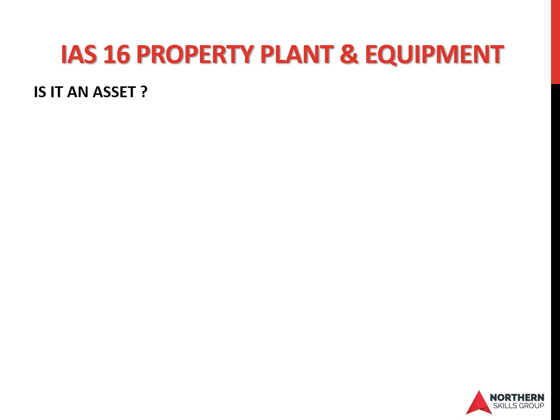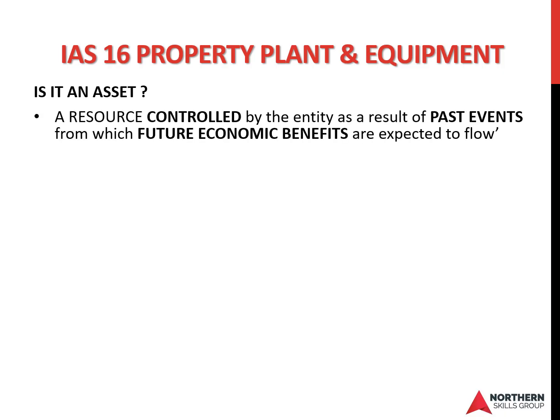First of all, to be included under this standard, it's got to be an asset, and remember, there's the important thing, it's got to be capable of generating future economic benefits for the business. It's got to generate basically an income in the future, one way or another, either by sale or by use to produce goods.